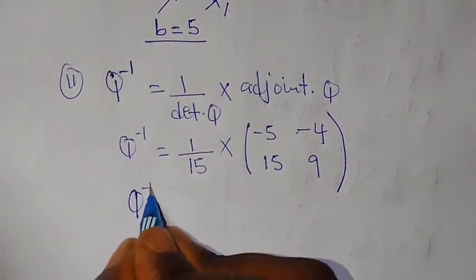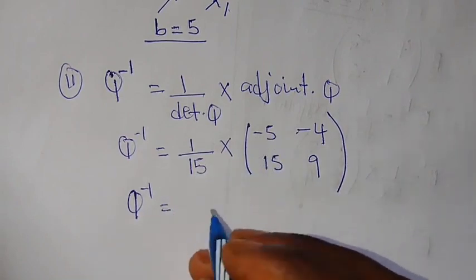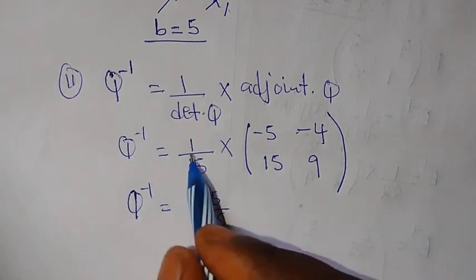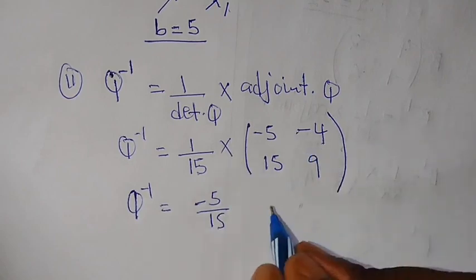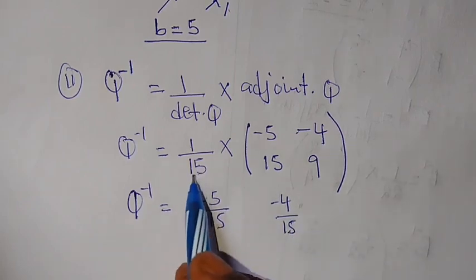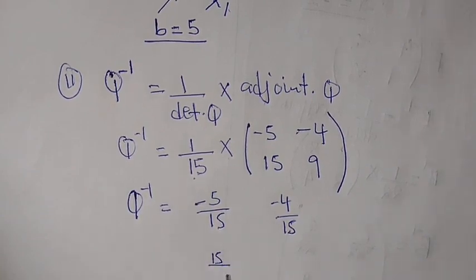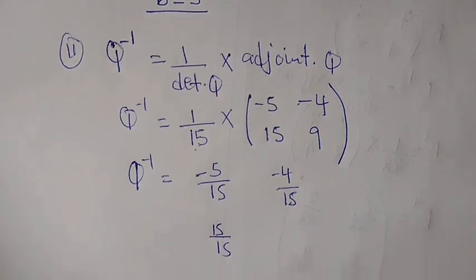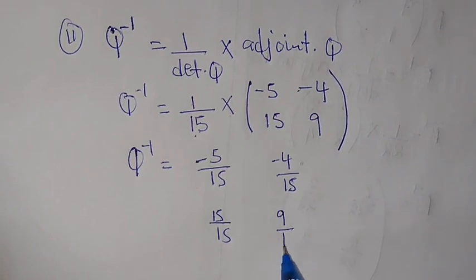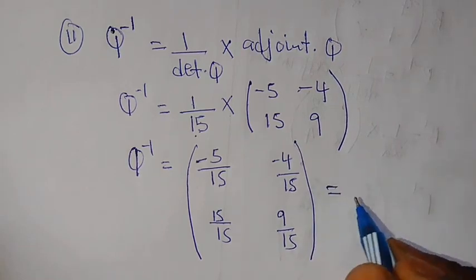So we have Q inverse equal to 1 over 15 times negative 5, so we're going to have negative 5 over 15. 1 over 15 times negative 4, you're going to have negative 4 over 15. 1 over 15 times 15, this will give us 15 over 15. Then 1 over 15 times 9, this will give us 9 over 15. This is the matrix. Now we need to simplify it.